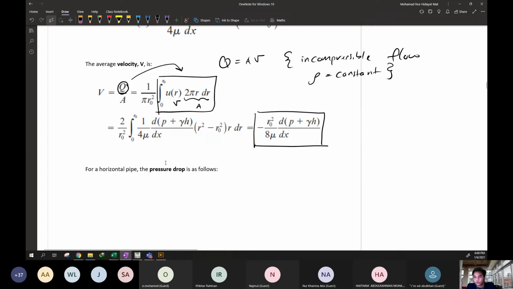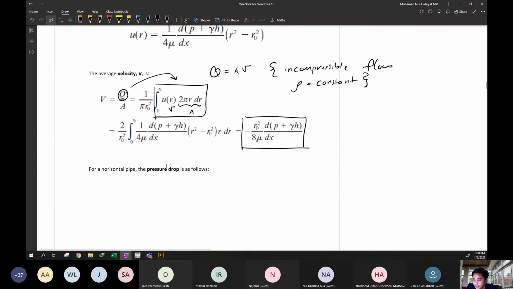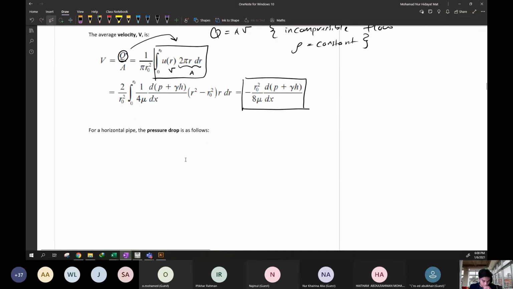So for the horizontal part, the pressure drop is as follows. In order to get the pressure drop, delta P is equal to 8 mu V L over R0 squared. Basically this is derived from this one.